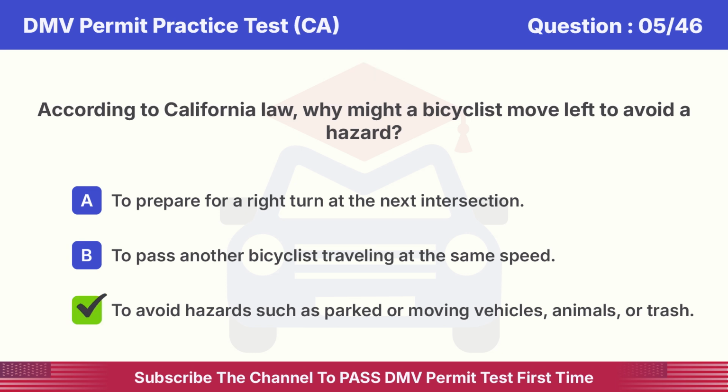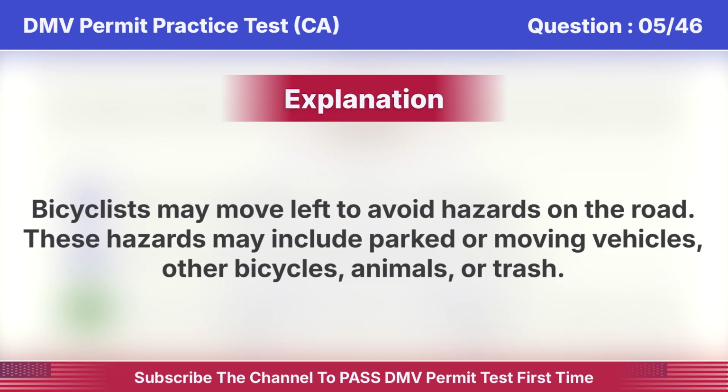Answer is C, to avoid hazards such as parked or moving vehicles, animals, or trash. Bicyclists may move left to avoid hazards on the road. These hazards may include parked or moving vehicles, other bicycles, animals, or trash.